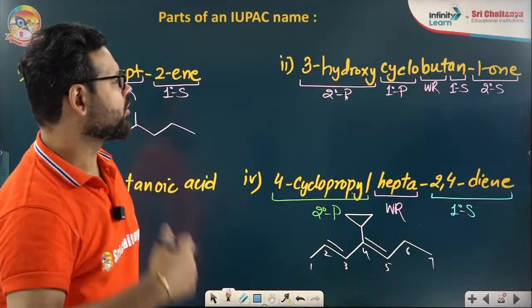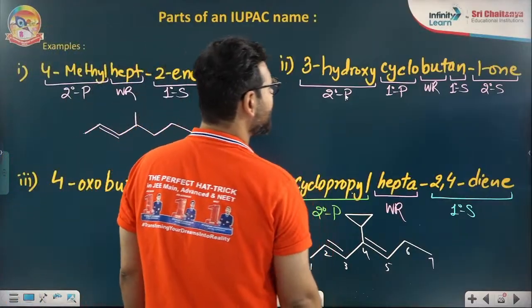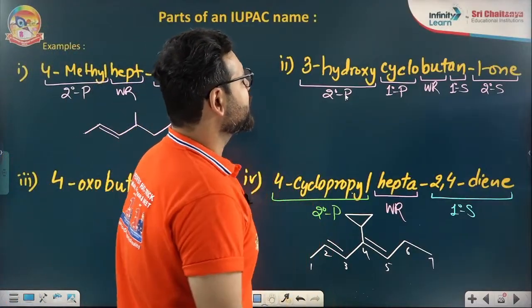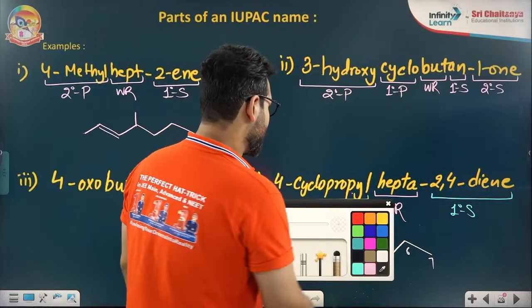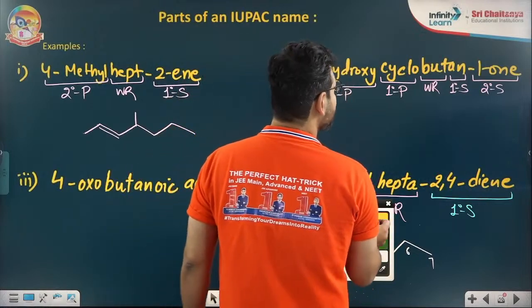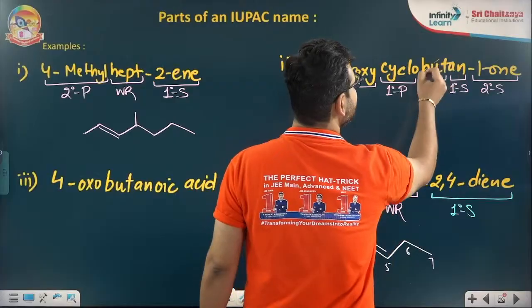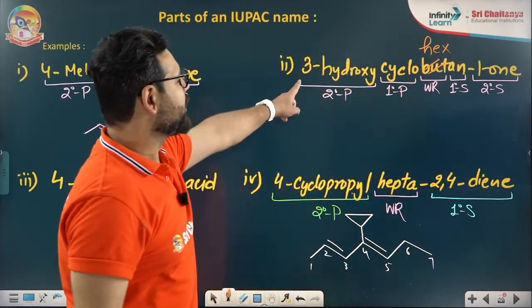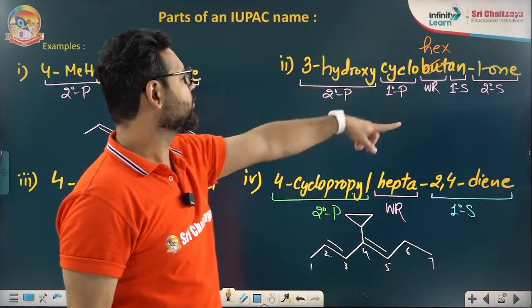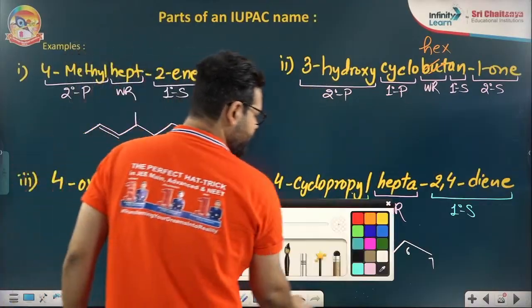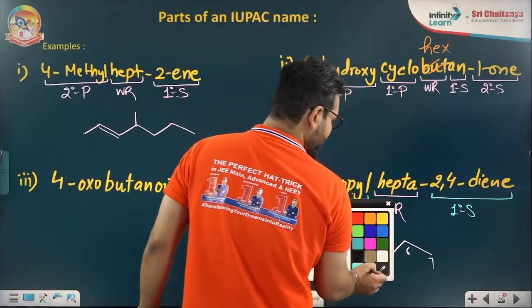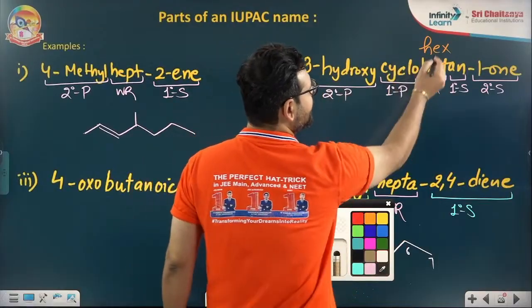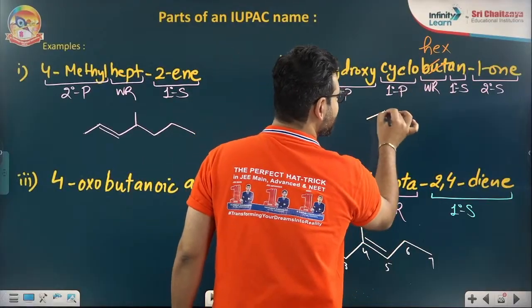So let's draw this. Just do one thing, everybody. Instead of bute, just call it hex. Otherwise, this is not a feasible compound. 3-hydroxycyclohexane-1-one. Okay, this one. So, what is the structure going to be? Cyclohex means I have to make a 6-carbon cycle.